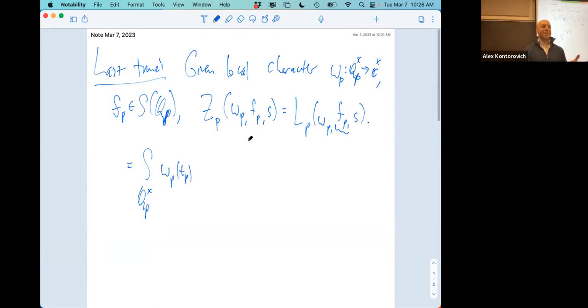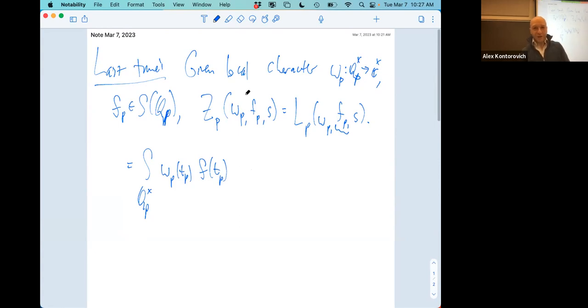It's not independent as defined: you change the Schwartz function, you change the integral, you change the definition of this Z. But all of its salient features, as far as the L theory is concerned, will be independent of f. If it's a good theory, it shouldn't depend on these arbitrary choices.